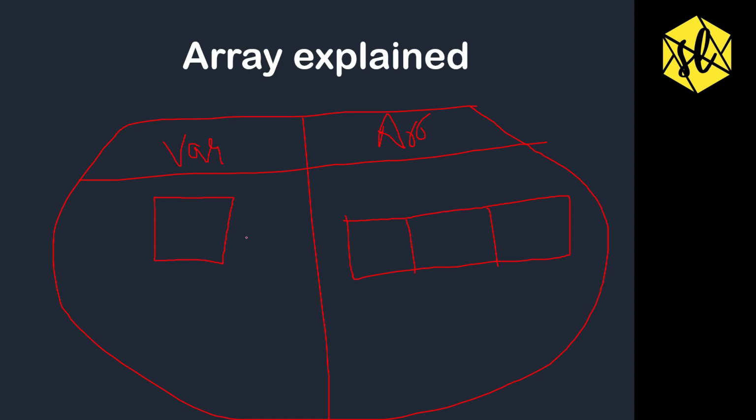In a variable, we have three main parameters by which it is defined. First one is the variable name, let's say a. An array also has a name. Let's say for now our array name is ARR and our variable name is a. Now in our variable we have a value, let's say 2.